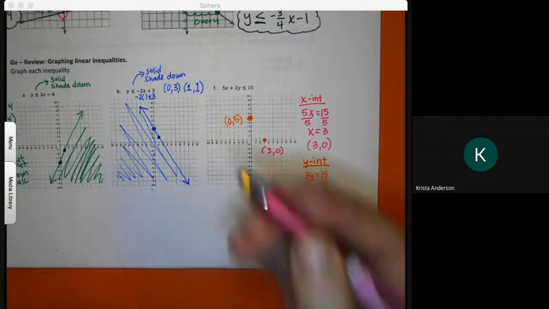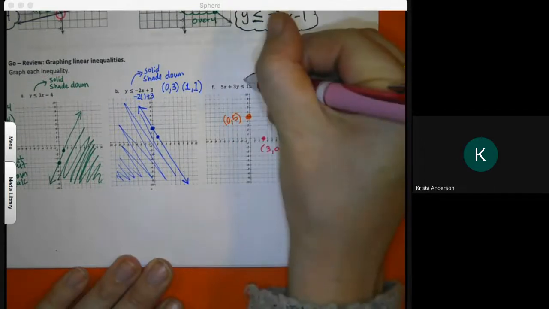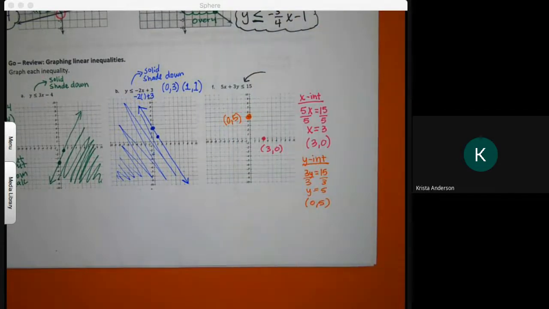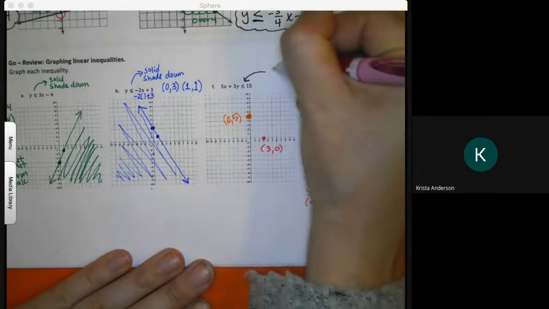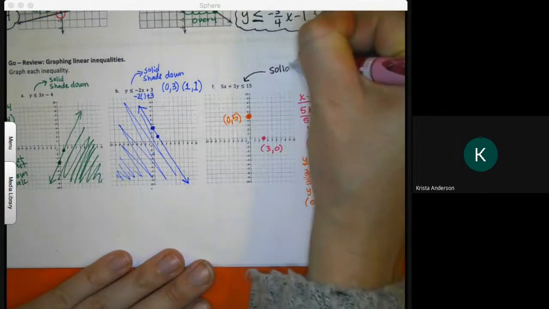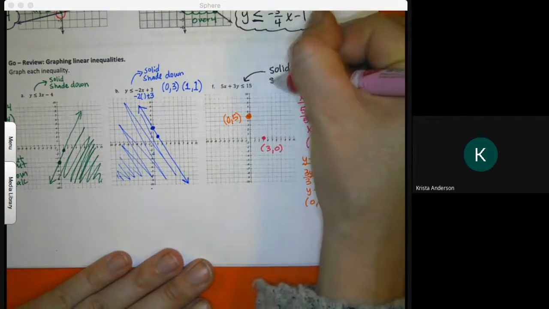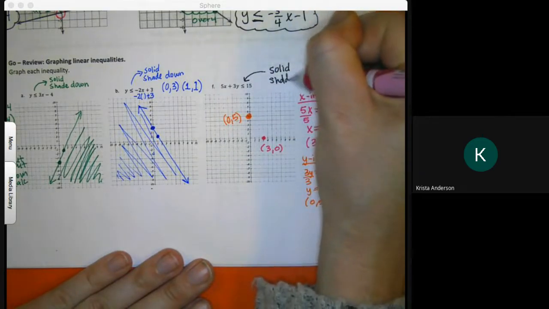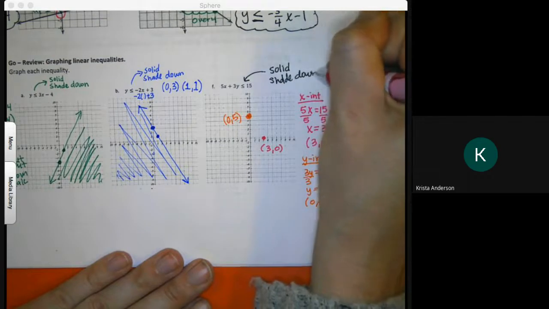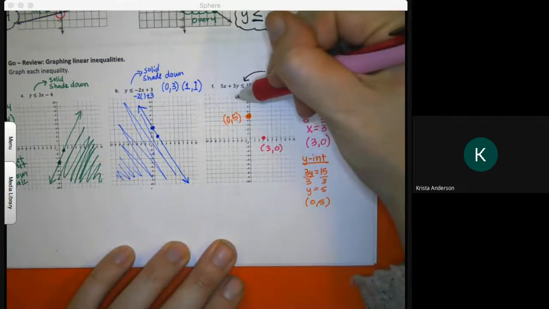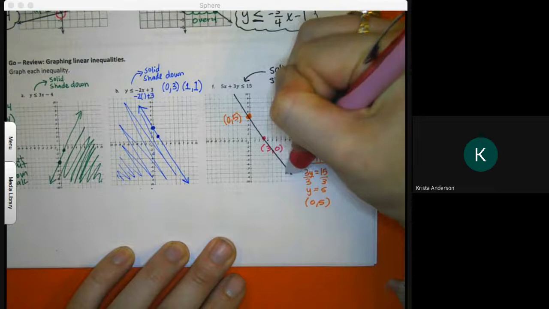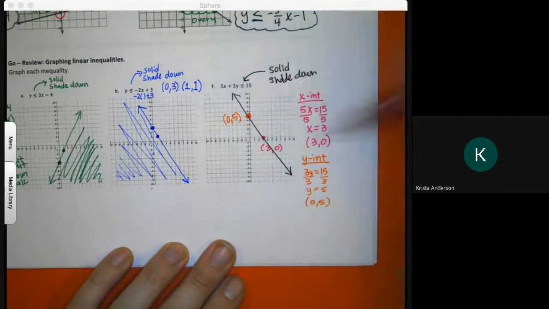Will my graph be solid or dashed? Solid. Solid, because there's an equal line. And because it is less, I will shade down. Solid line. Sorry, I'm going to cut off a little bit my point.